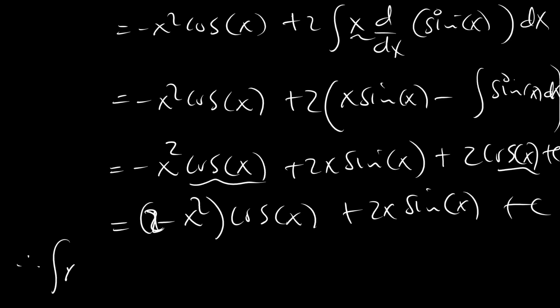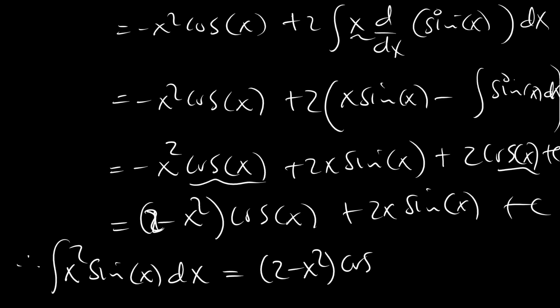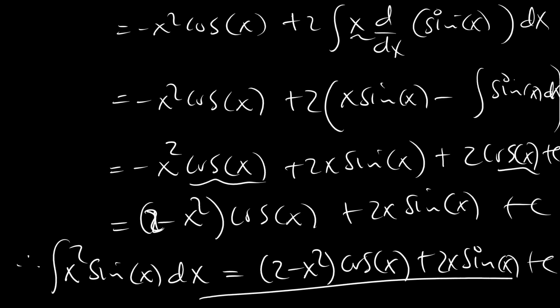Therefore, the integral of x squared sine of x is equal to 2 minus x squared cosine of x plus 2x sine of x plus the integration constant. And that, ladies and gentlemen, is our answer.